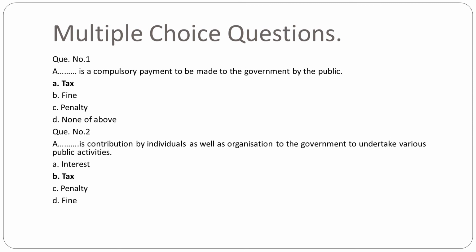Then the first multiple choice question is: which tax is a compulsory payment to be made to the government by the public? Then ultimately a tax is a compulsory payment. Then again, a dash is a contribution by individuals as well as organizations to the government to undertake various public activities. That is ultimately the tax.